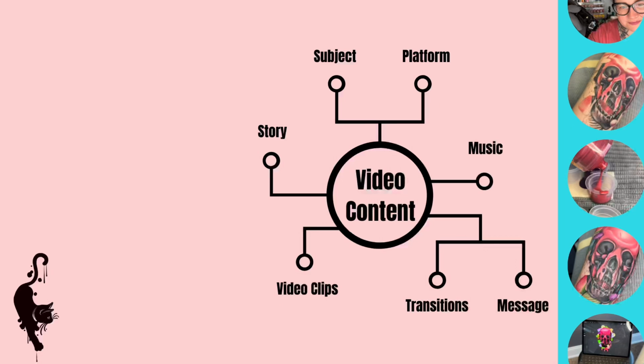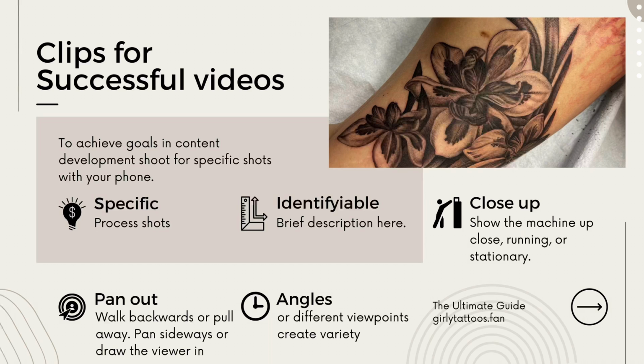Other things that are really helpful when creating successful clips for videos is picking specific imagery or really easily identifiable things. What you can also do is close-ups and then pan out, maybe throw in some angles, shoot the thing multiple times.